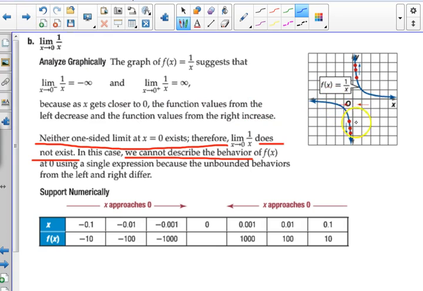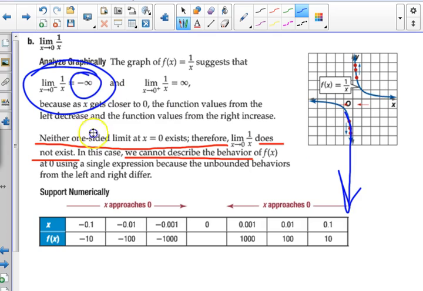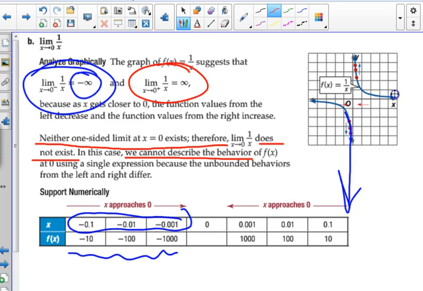So here's a question. What's going on to the left of 0? Can you tell? Just to the left of 0, this graph is doing what? It's going down towards negative infinity. Everybody okay? Here's some values to the left. Look what's happening. It's getting really, really negative, yes? Okay, to the right, just to the right, this graph is doing what? To the right of 0?